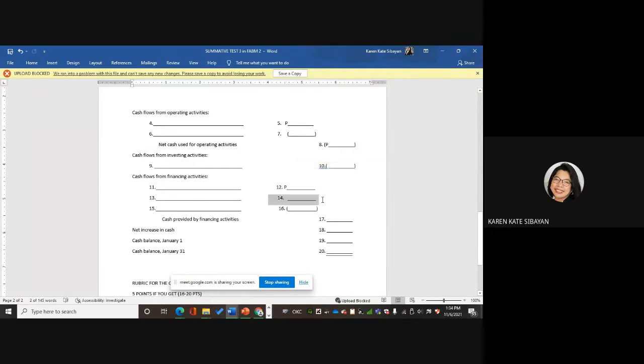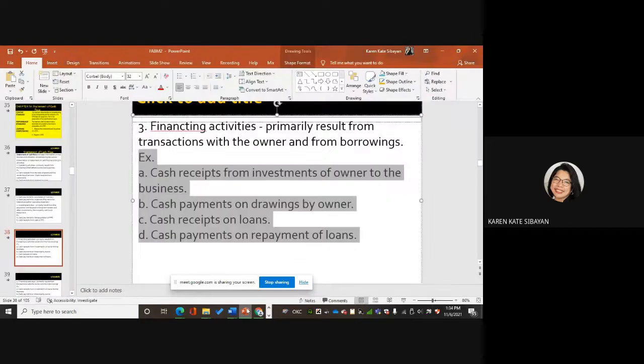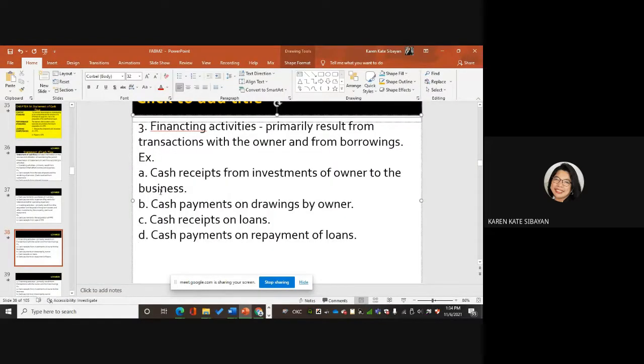Kapag humiram ka sa bank, ibig sabihin nagdagdag ng cash mo. Anong possible na may minus? Kapag nag-withdraw ka. So, balikan natin. We have 4 possible transactions in your financing activities.